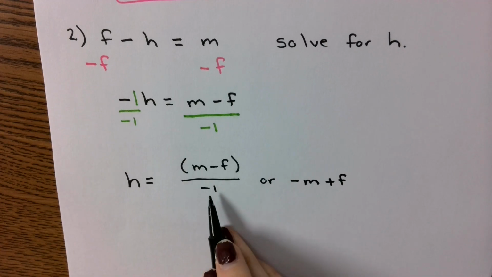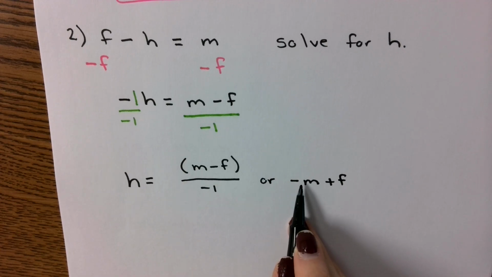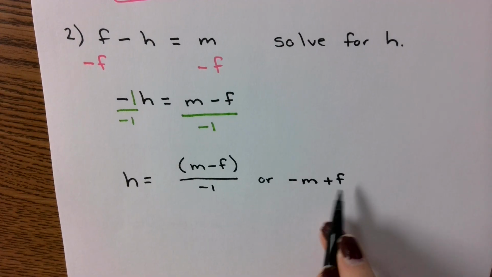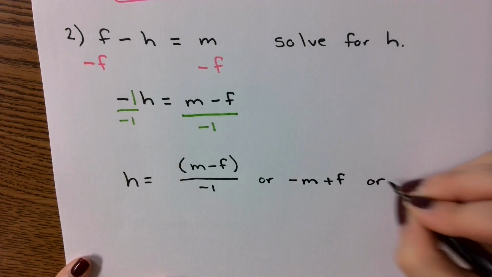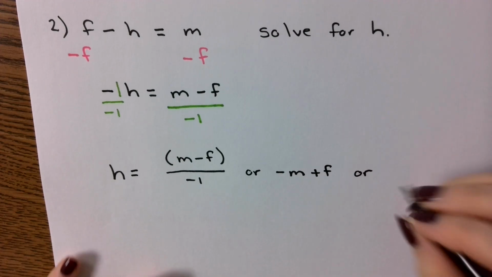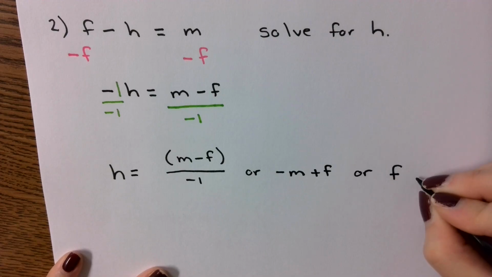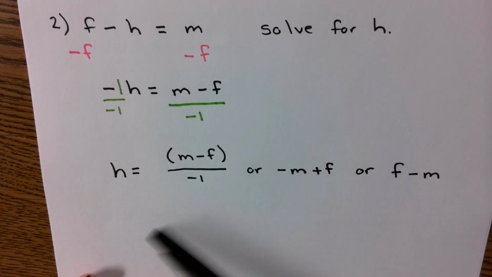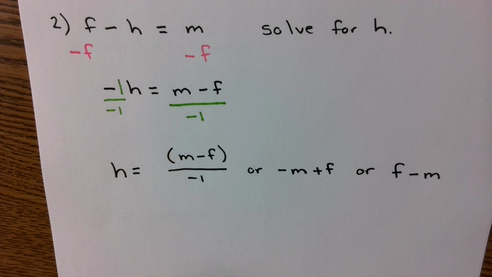Because m divided by negative 1 would become a negative m. Negative f divided by negative 1 would become a positive f. Or you could rewrite the order here. You could write it as f minus m. Either one of these would be acceptable answers. But you would have to know it in all formats.